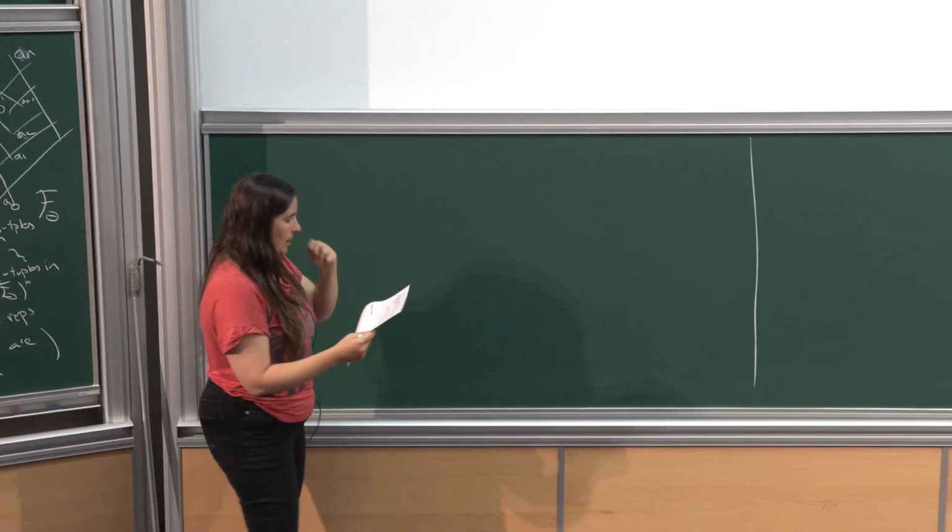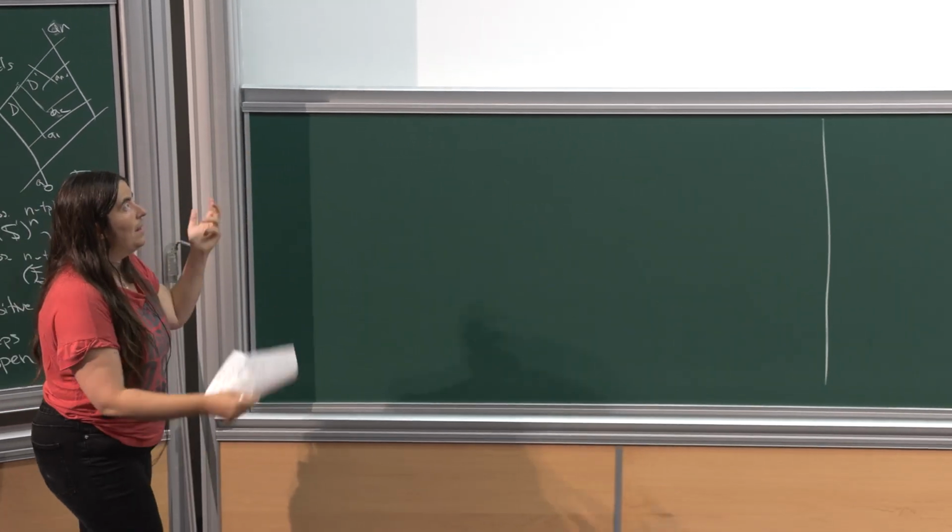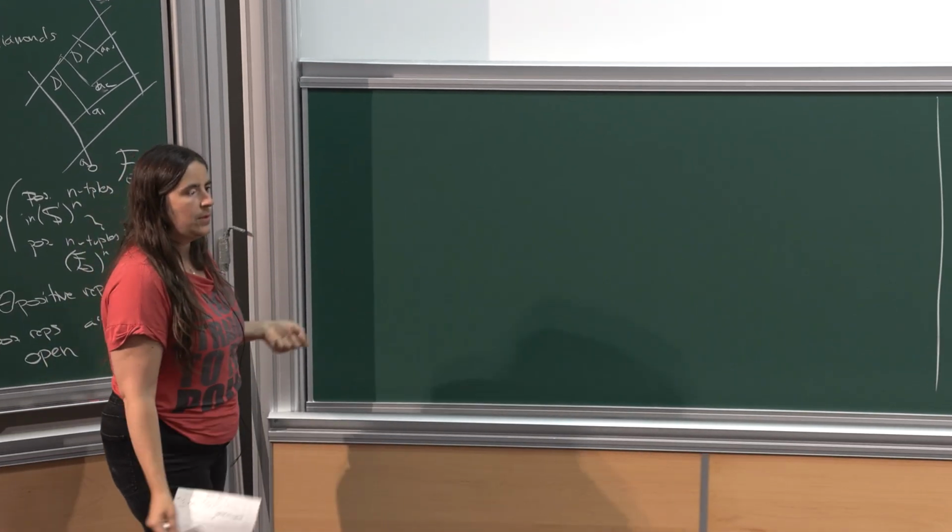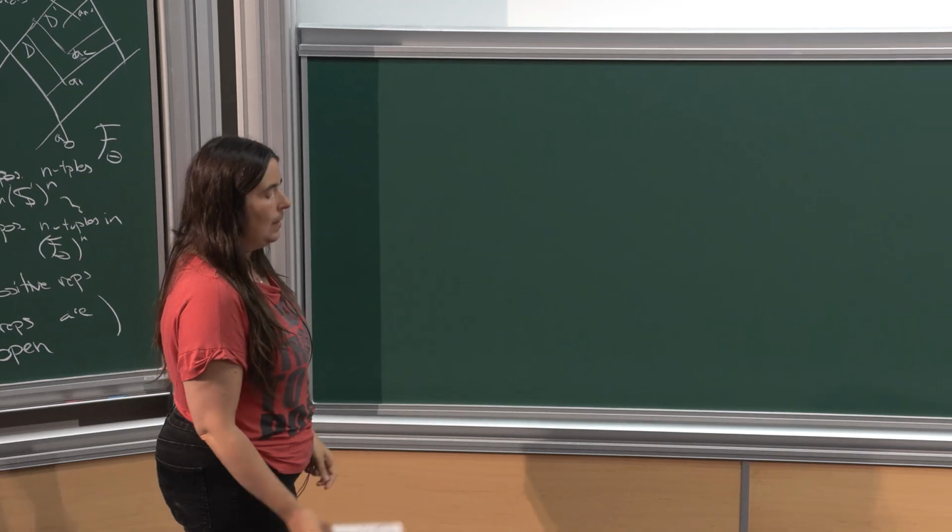And in general, you can do these things for all flag manifolds, and you can get lots and lots of different cross ratios on different flag manifolds.